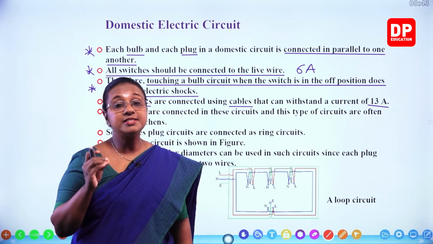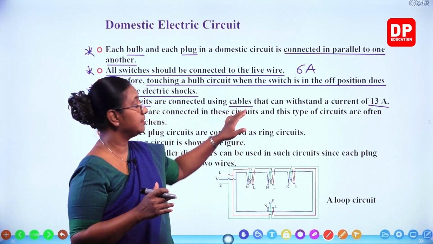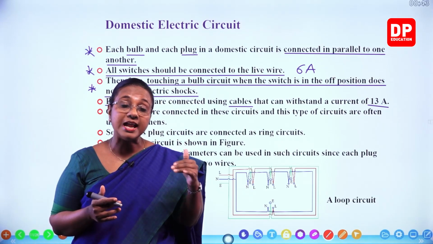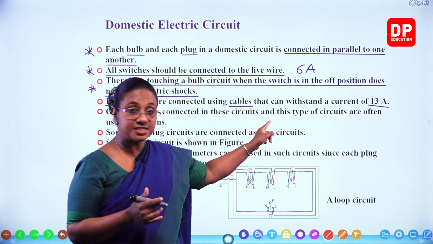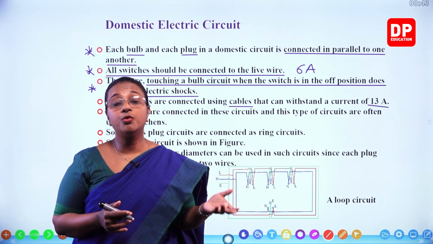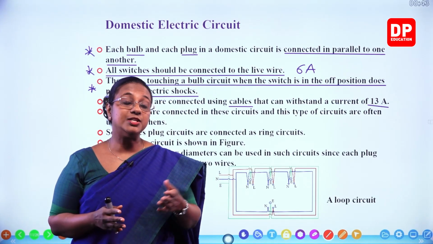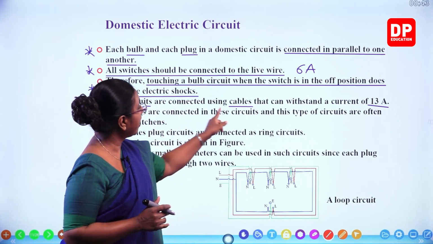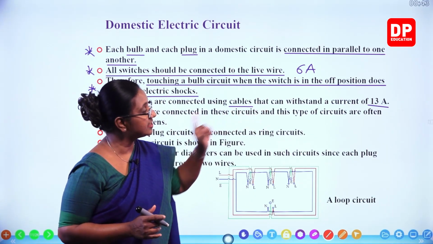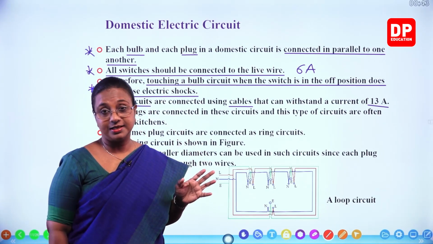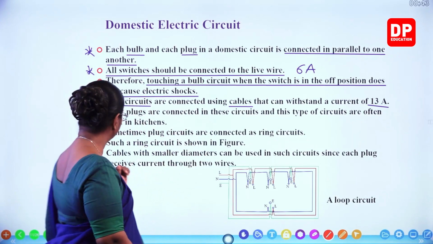So if a current more than the limit that the cable can withstand flows through the cable, it can become overheated and that can lead to fire accidents. To prevent that, you have to use cables that can withstand a current of 13 amperes. That is for the plug circuit. So you have to remember that also.